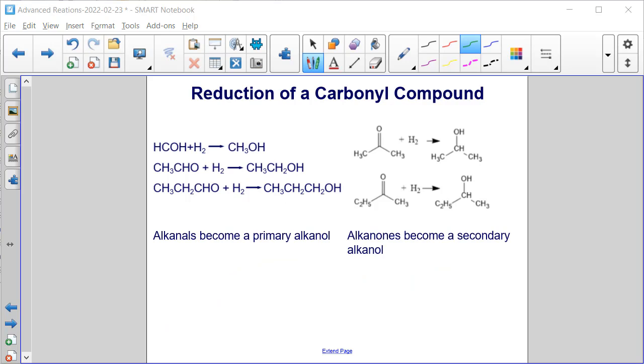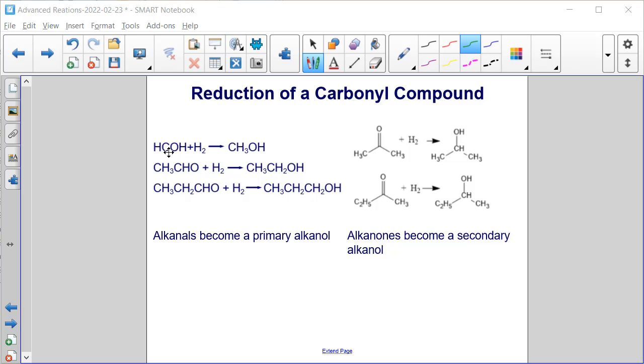So the distinction we can make when we're talking about reduction of a carbonyl compound is, depending on where that carbon double bond oxygen group is, it will help us determine whether we're forming a primary or a secondary alkanol. Now, remember that alkanals have the C double bonded to the oxygen on a terminal carbon. So that would be the three examples on the left.